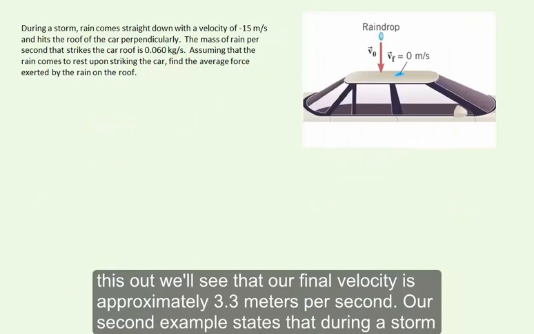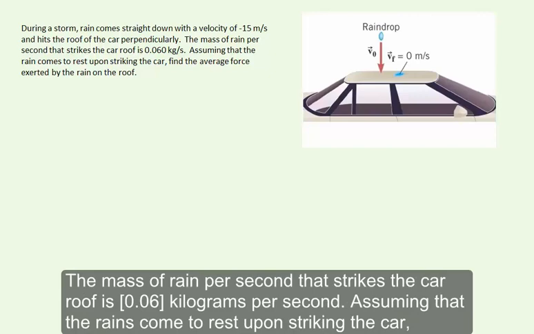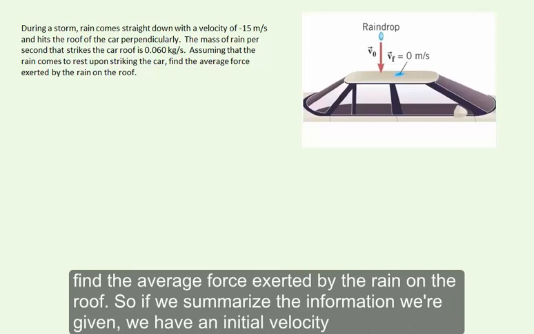Our second example states that during a storm, rain comes straight down with a velocity of 15 meters per second and hits the roof of the car. The mass of rain per second that strikes the car roof is 0.060 kilograms per second. Assuming that the rain comes to rest upon striking the car, find the average force exerted by the rain on the roof.